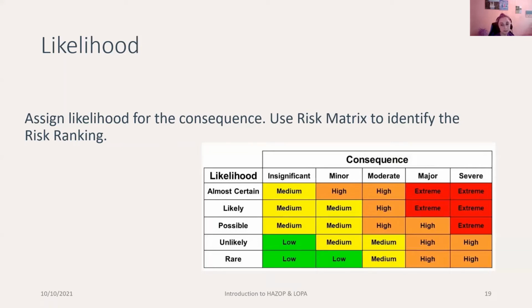If it's not automatically credited to LOPA, then, for example, you are in this area, it's a minor consequence, likely, what is likely, it's really high. You are just risk ranking this area and adding it to the HAZOP worksheet. You put it into the HAZOP worksheet.